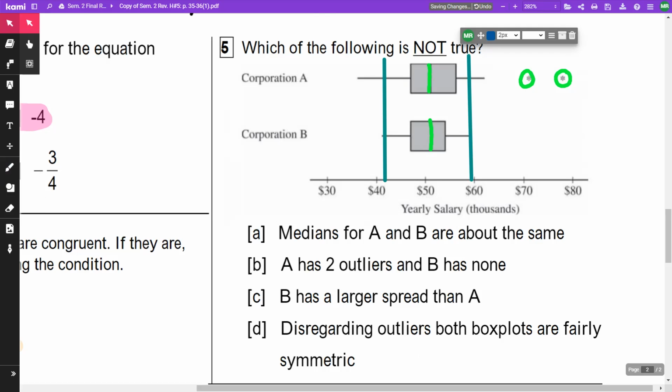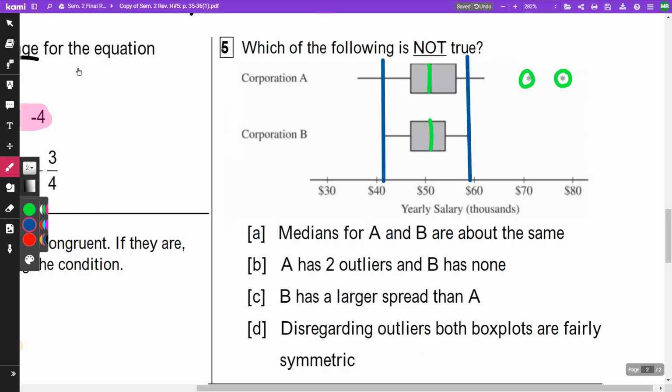So that is the length of B. The length of A is from here to here. So the spread for B is smaller than the spread for A.